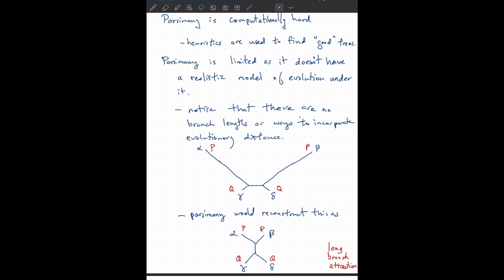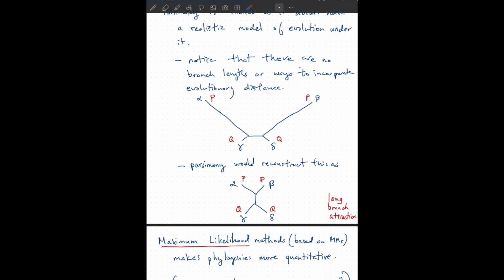Why does that matter? Well, here's a little thought experiment. Imagine that this is in fact the correct tree. Let me explain this tree. It's pretty interesting, and this is something called the long branch attraction problem. So the real tree, the 4 species, are like this. They have long branches.